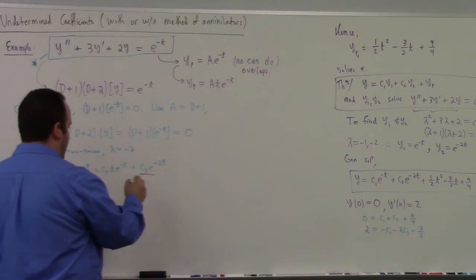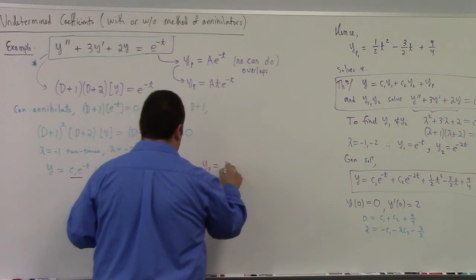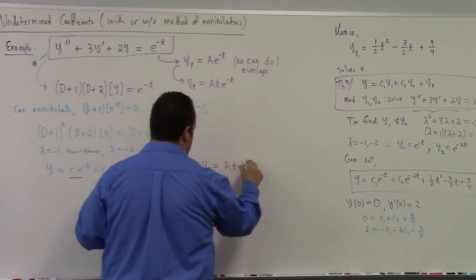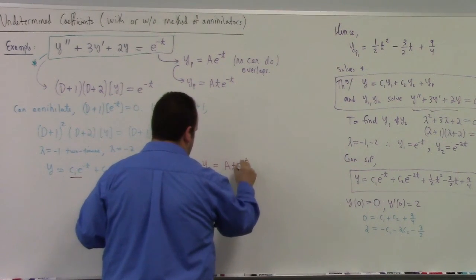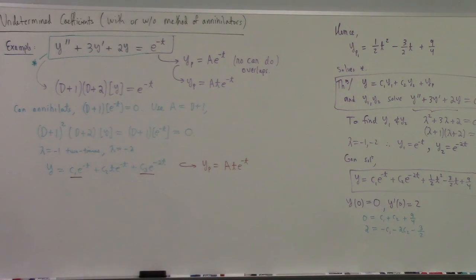So this suggests to me that we make y_p = a t e^(-t). Now the method of annihilators doesn't undo the work that has to be done. All the method of annihilators does for you is it tells you when you need to multiply by t and when you don't, if you follow it. If we did the method of annihilators on the things I had up there before, we would have been led to the naive guesses, just the same.